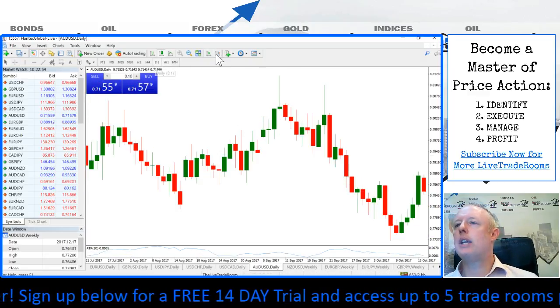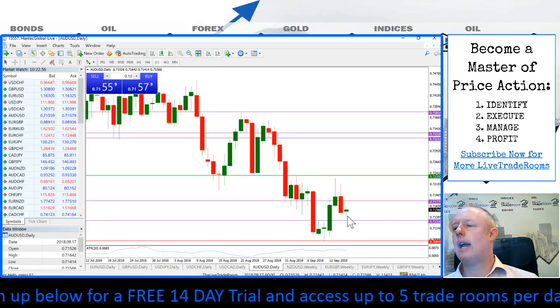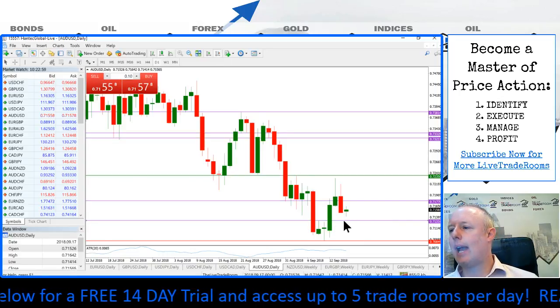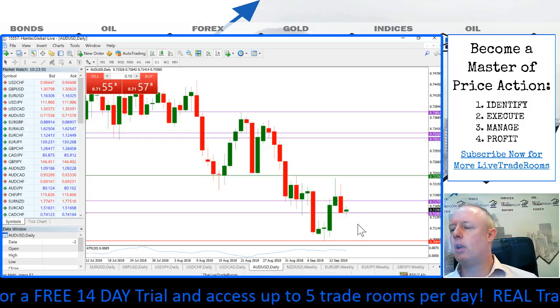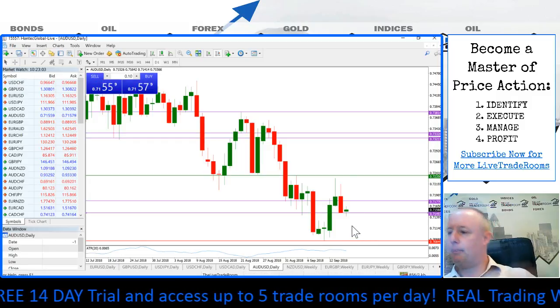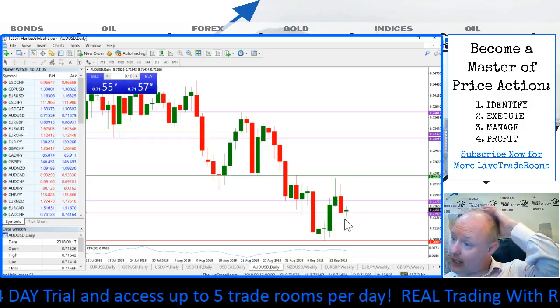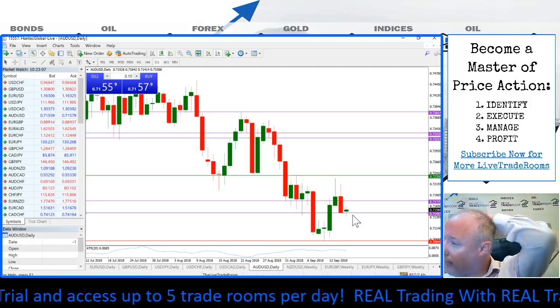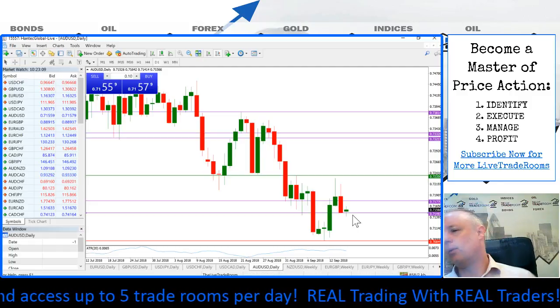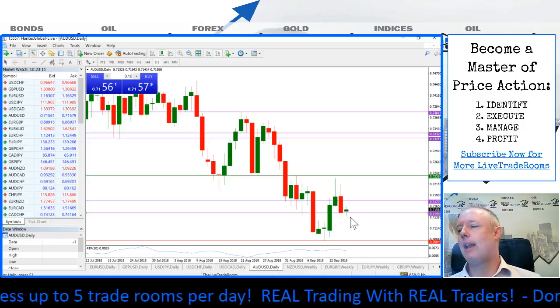So bias is to the downside. Can we capitalize on a move lower? That would be the suggestion, to get into this market below the 71.49 level, and we're currently just above that level as things stand.